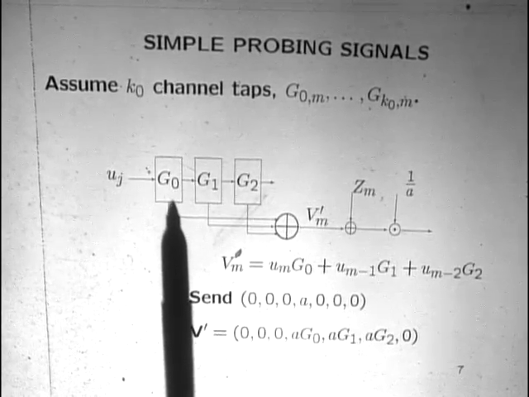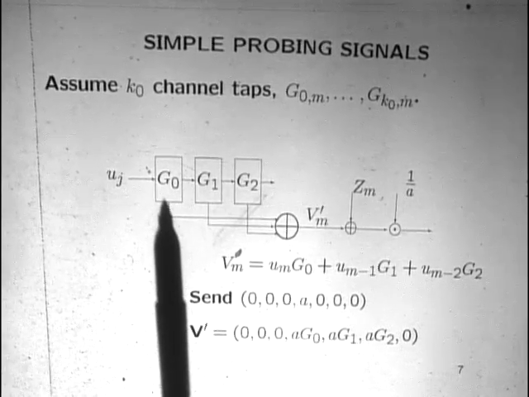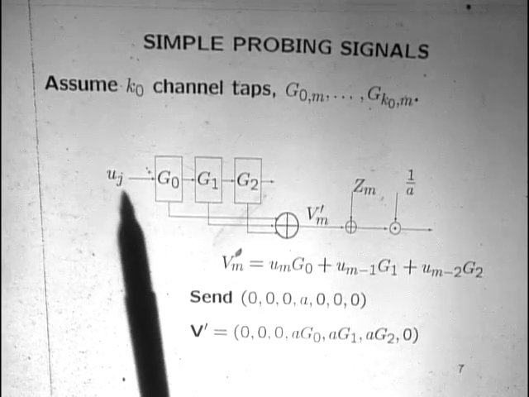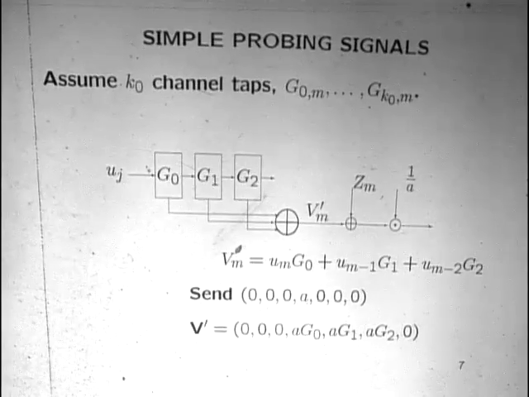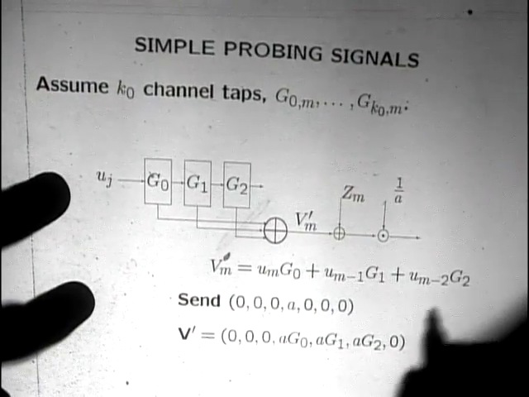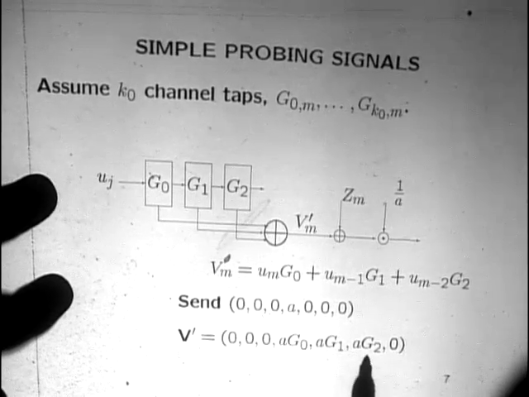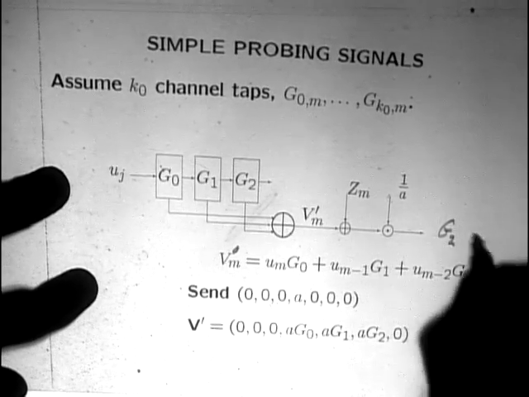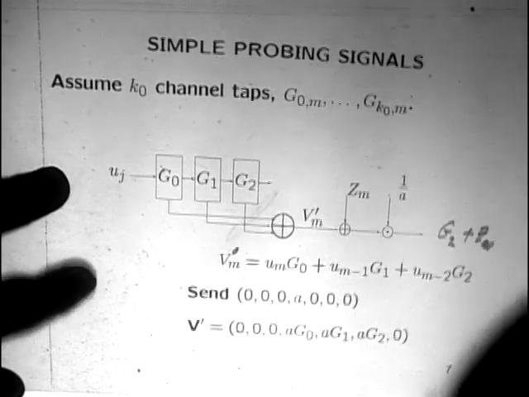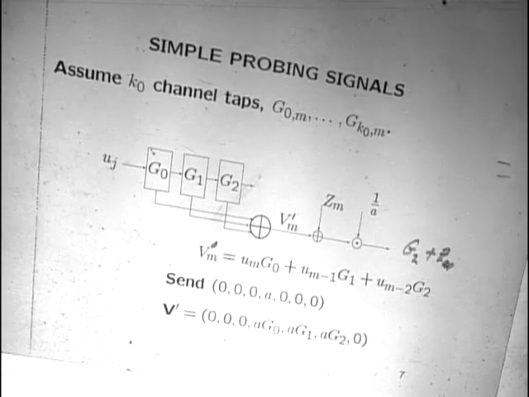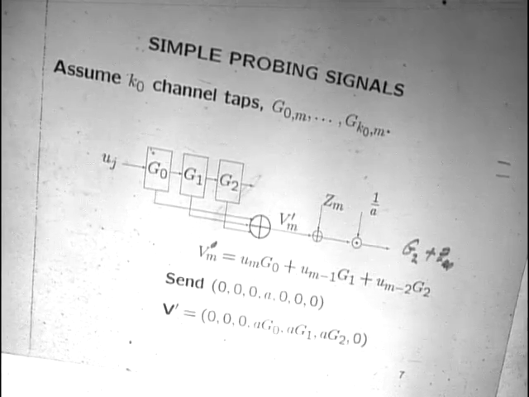You then look at the maximum likelihood estimate of G, so you're looking at the value you can put in to maximize this, which comes out here as A times G2, and at this appropriate time, you're looking at G2 here plus a noise random variable. And since the noise is zero mean, this quantity here is the best estimate in terms of maximum likelihood that you can get.